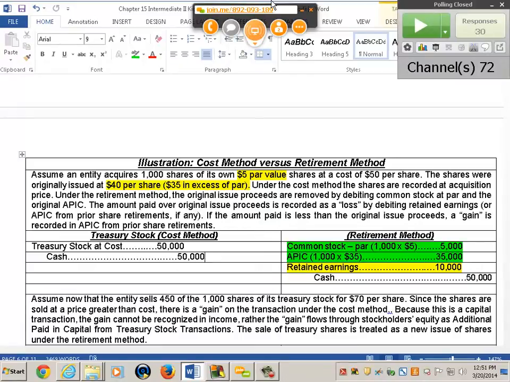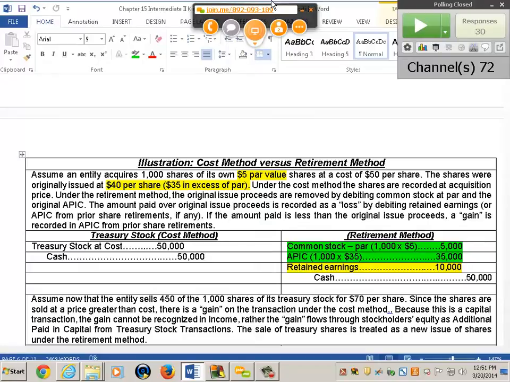There is no paid-in capital from share retirements. Therefore, the loss has to go to retained earnings. It's a return of capital. Not only did I return all of your capital, but I also gave you a $10,000 dividend, right?